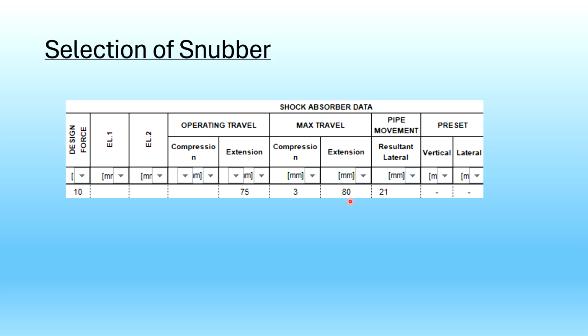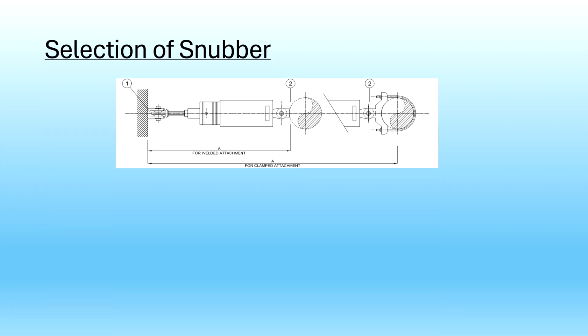So this will be summed up, and this is the lateral resultant, which won't have much impact here, but we have to consider that too, so we have to check the degree of the movement also. So this has to be given to the vendor for selection of the number.